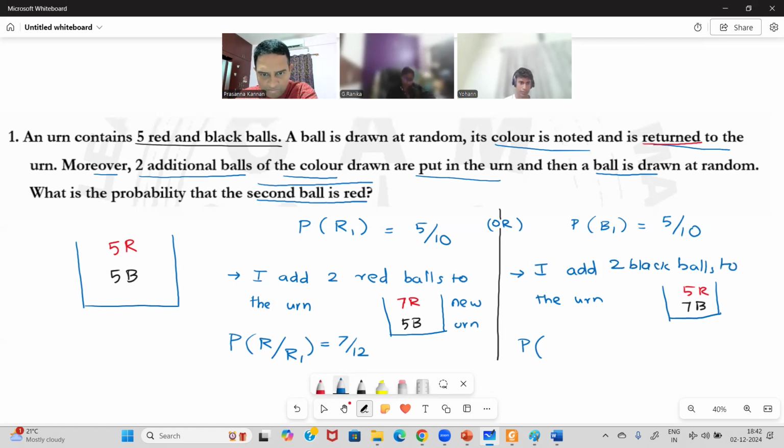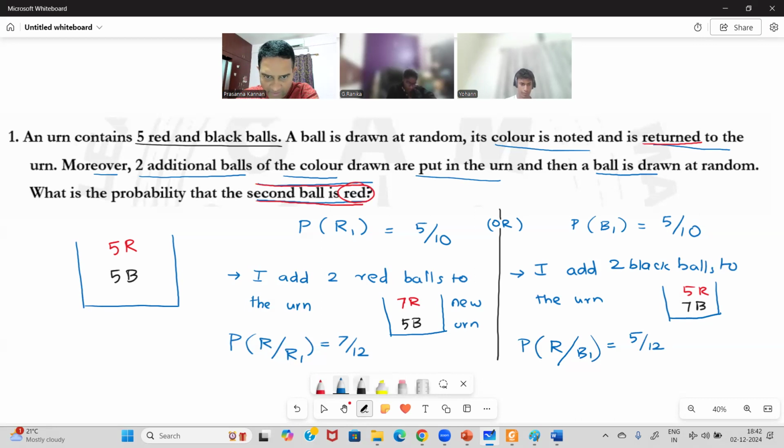Red. There are no two ways about it, right? So the second ball drawn is red. Given that, what was the first ball drawn? Black. So what is the probability of drawing a red ball from the urn now? 5 by 12. Exactly.